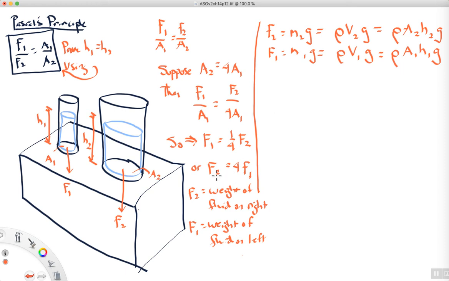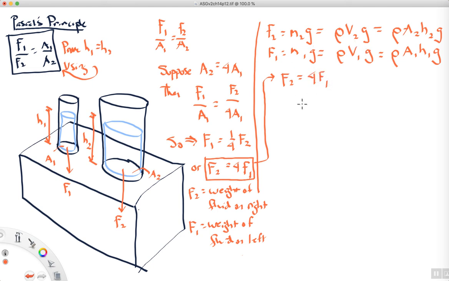Now, keep in mind, we're trying to show that if area 2 is 4 times area 1, then force 2 has to be 4 times F1. So F2 is 4 times F1.